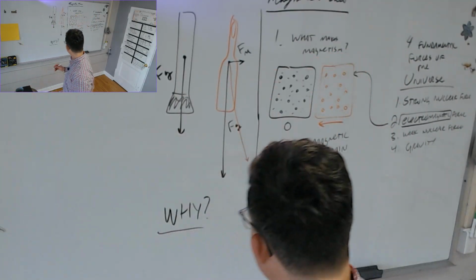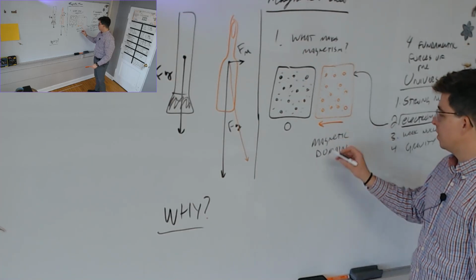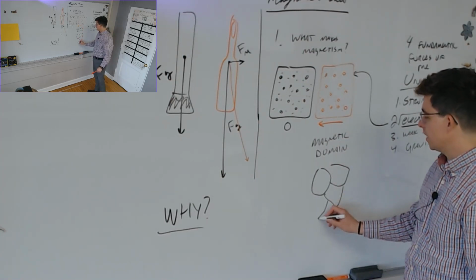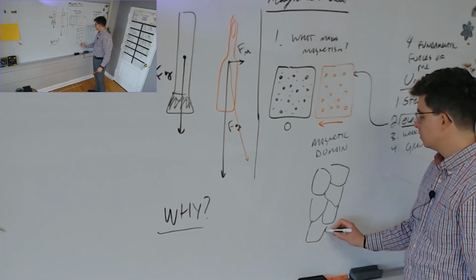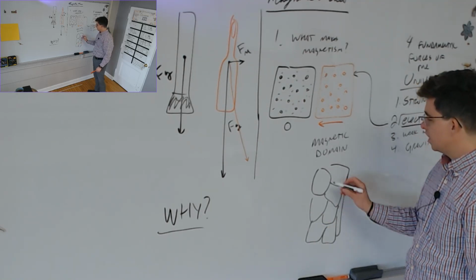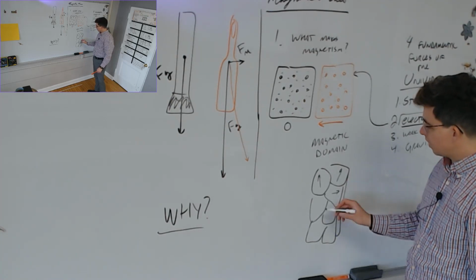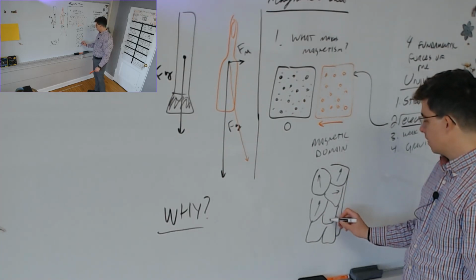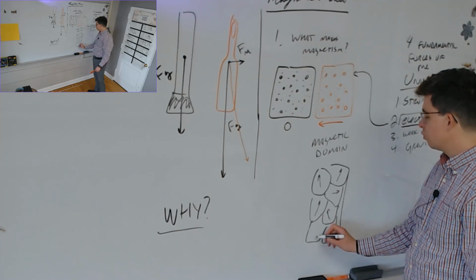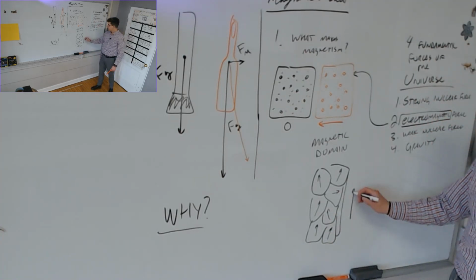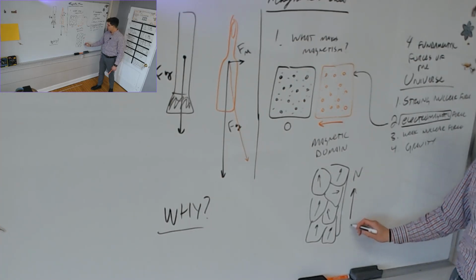Some of them point that way, some this way, this one a little bit cockeyed, but on average they're all roughly pointing, we'll say, up. And we'll call that end of the magnet north and this end south.